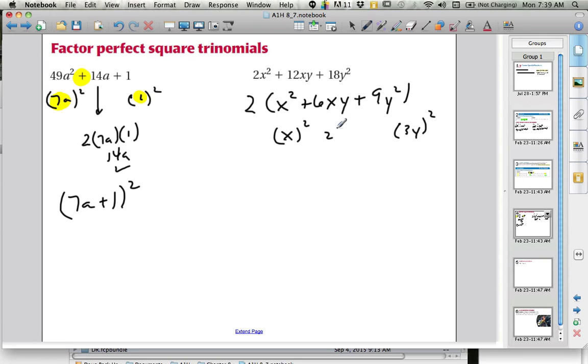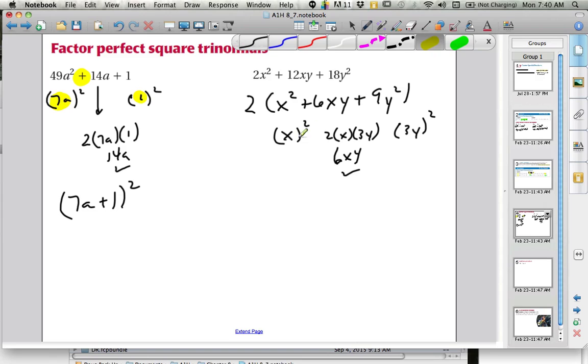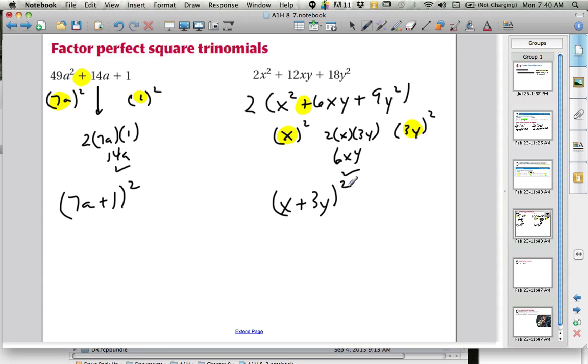Is this middle term 2 times x times 3y? Well, this would become 6xy. Yes, it is. That checks out. So again, this is going to be 2 times x plus 3y, squared. If you're unsure whether you've done this correctly, you can always multiply it out, and it should go back to being the original item. Remember the 2 had to continue to come down. It's always part of the factoring.